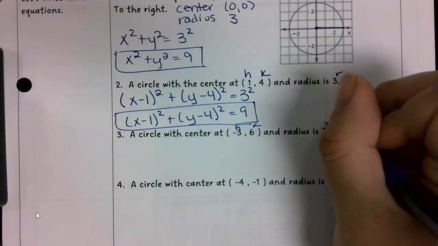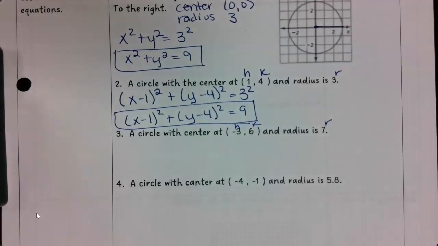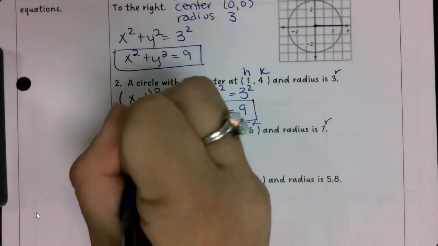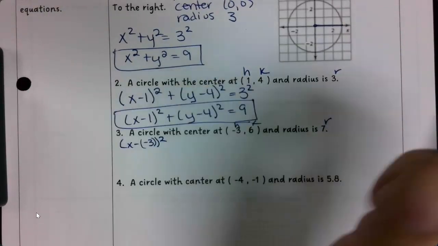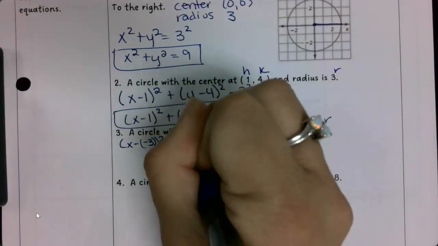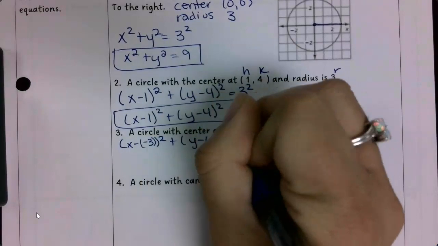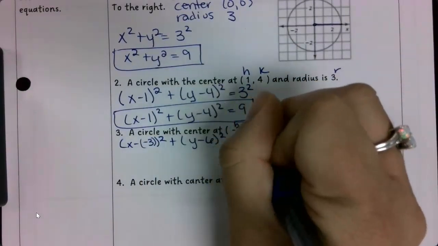Same thing for number 3, (h, k) for the numbers in the parentheses, r is my radius. So when I plug this one in, I'm going to have a double negative. So I have (x minus negative 3) squared plus (y minus 6) squared equals 7 squared.